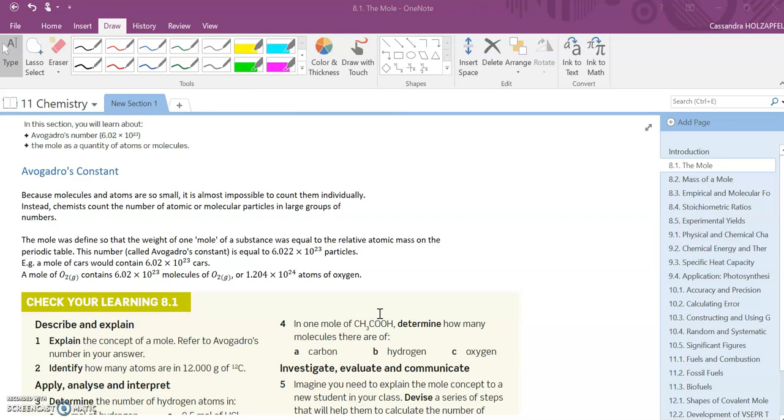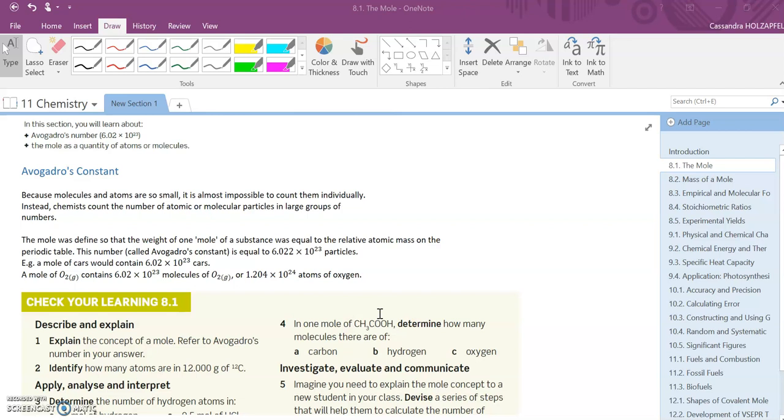They did some calculations based on electrons and charges, and worked out this value of 6.02 times 10 to the power of 23. So 1 mole contains 6.02 times 10 to the 23 items. That could be molecules or individual atoms, but it's that special number, 6.02 times 10 to the 23.